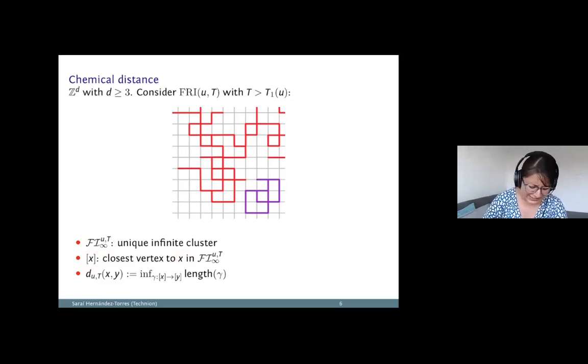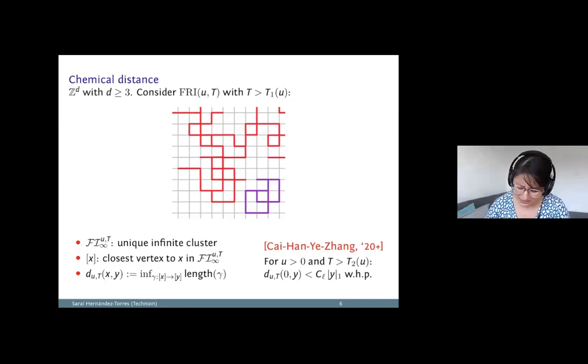And then the distance in the finitary random interlacement between x and y is the smallest length of a path that connects the corresponding bracket x and bracket y. So this is the chemical distance; you can also define it as the graph distance or the intrinsic distance. Today, I'm calling it chemical distance.